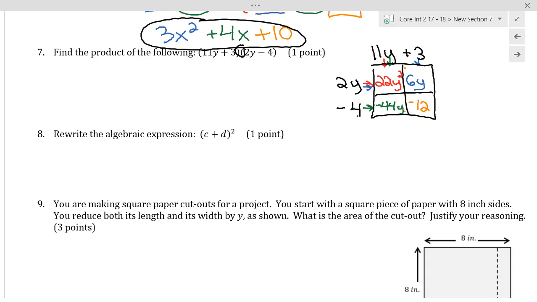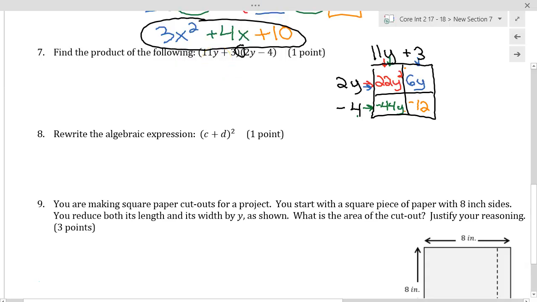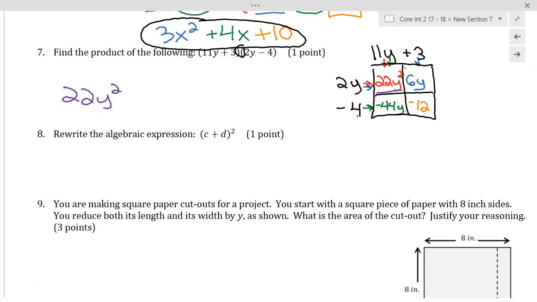The next thing we're doing is just writing down our answer. I'm going to start with my y squared. 22y squared. Then I have 6y and a negative 44y. This is just addition here.